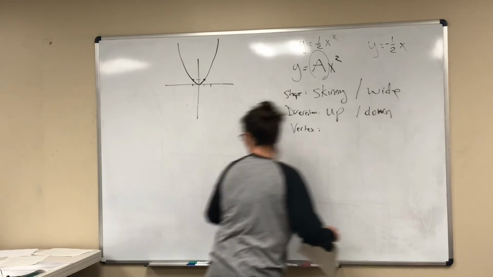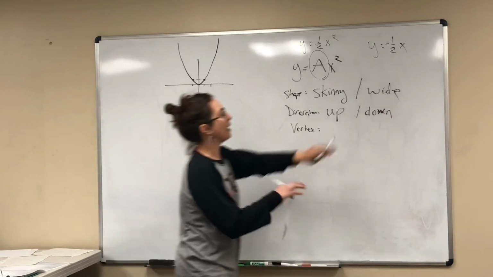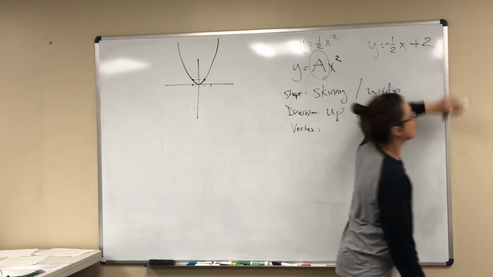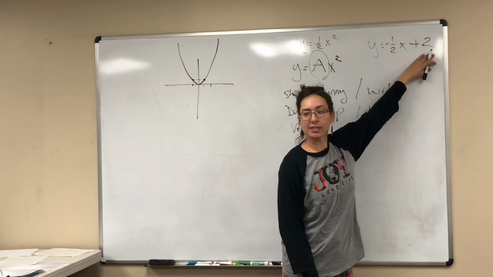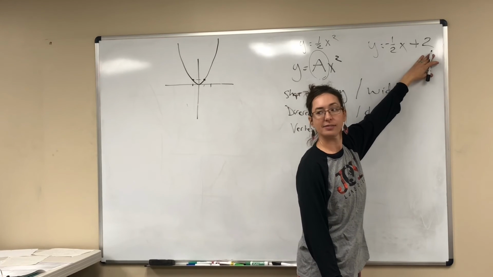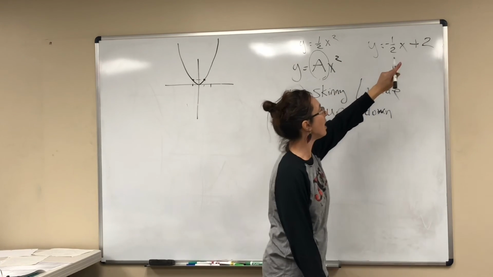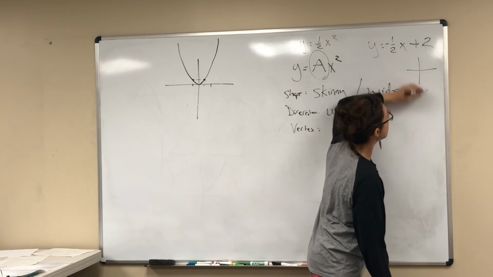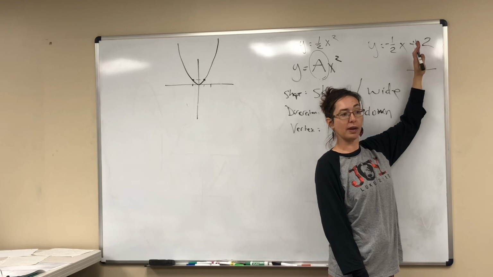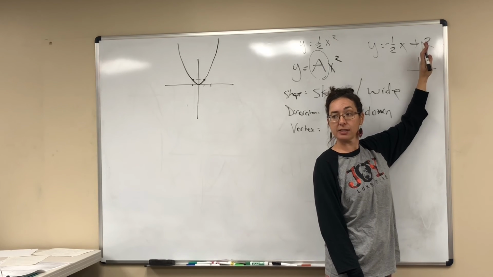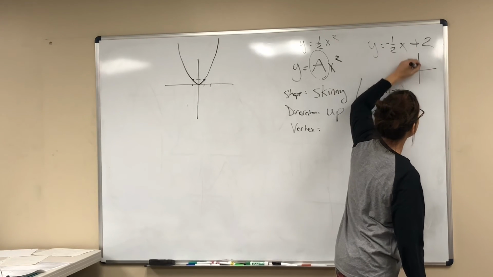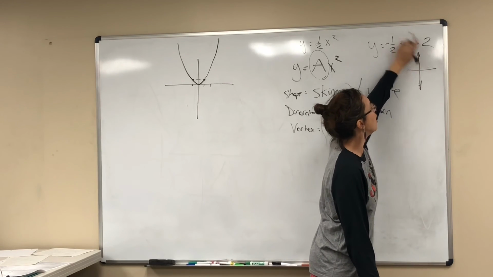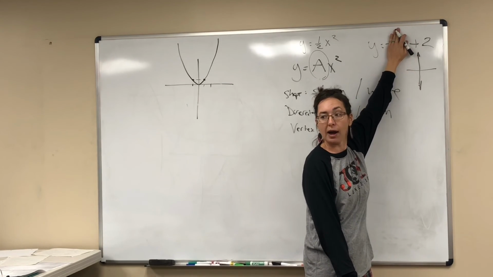Now, like a linear equation, when you added a number, what did it do to the line? It moved it. It moved it because if x equals 0, we're looking directly along our y-axis, correct? So we're looking up and down our y-axis. When x equals 0, we now have a number for y.